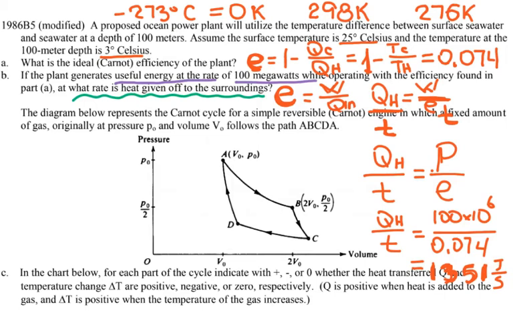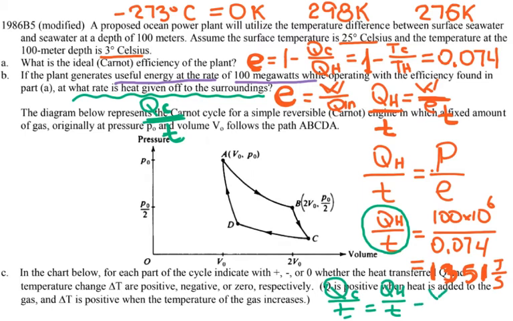So what they ask you here is how much heat is spilled to the cold reservoir. If I continue looking per unit time, I can just say how much heat per second is given away to the surroundings. Then Q cold over time is equal to Q hot over time minus the work over time, and they give you the work over time, which is your power.